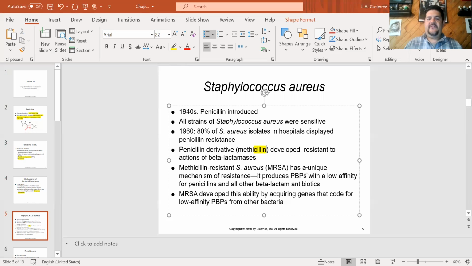And same thing, once we started using methicillin, we were able to achieve, again, control of those infections and helping the patient survive. But again, the overuse of this antibiotic produced resistance, and that's what we have here, MRSA. So MRSA stands for methicillin-resistant Staphylococcus aureus.